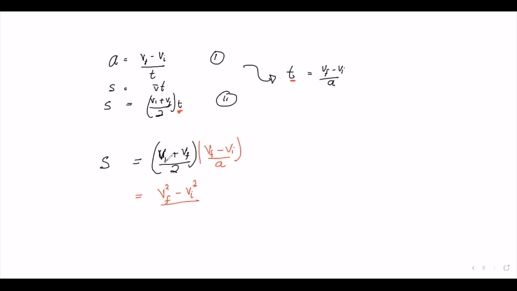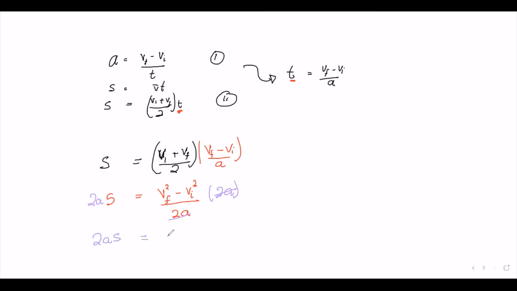You can rearrange that, put Vf this side, put Vi that side, over 2A. Now, this is for S. We multiply both sides by 2A. The derivation there.